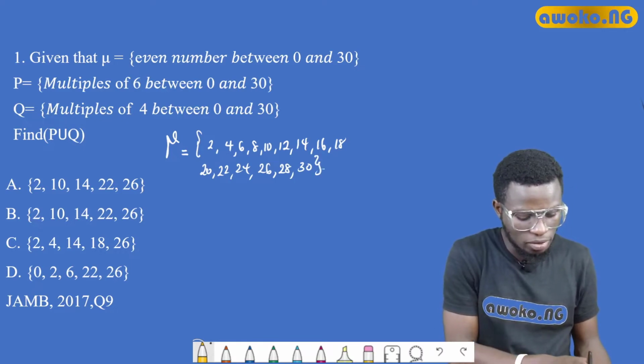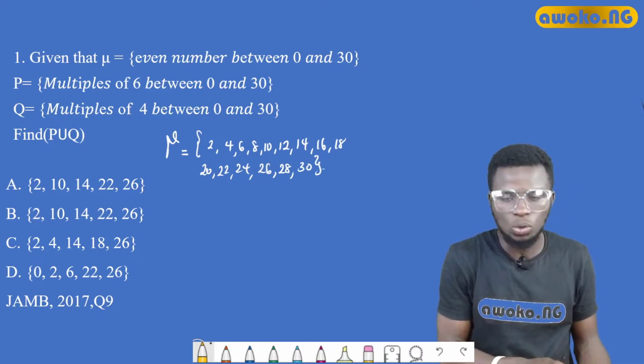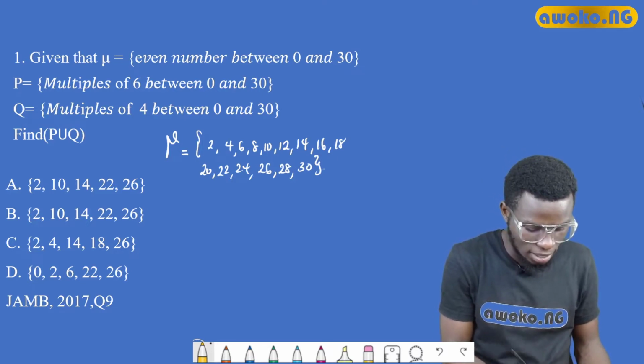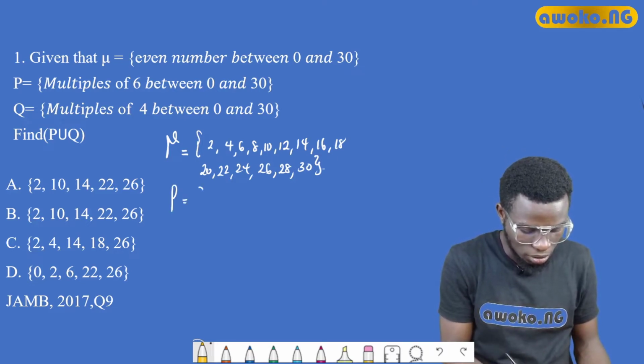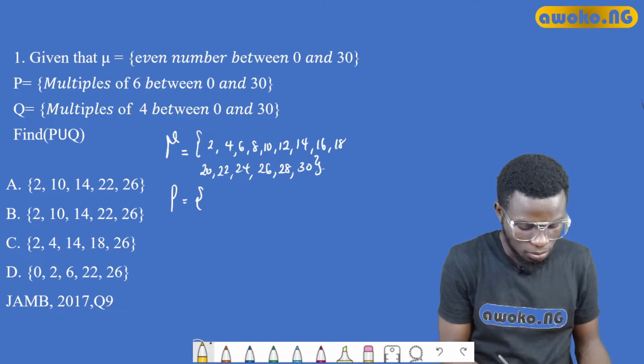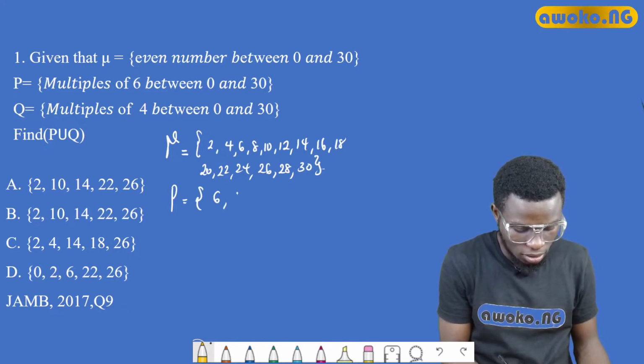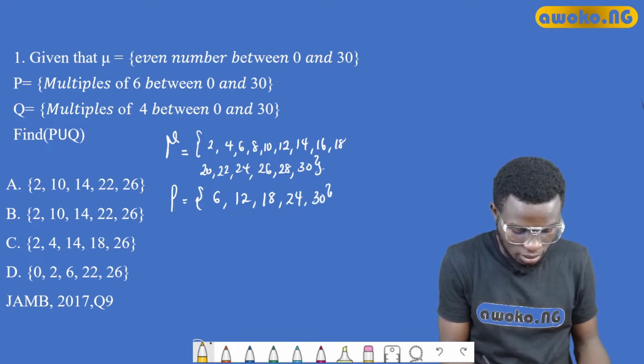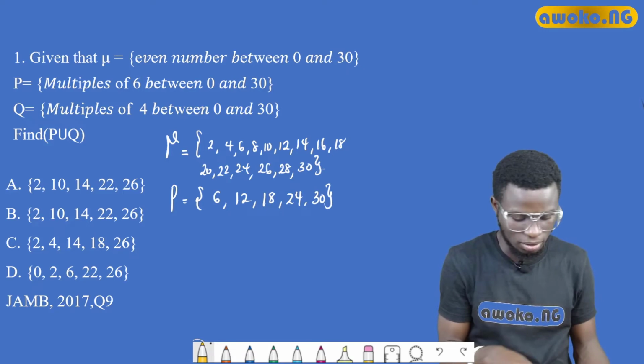Then we have the multiples of 6 between 0 and 30 as the elements in set P. So the multiples of 6 are 6, 12, 18, 24, and 30 inclusive.